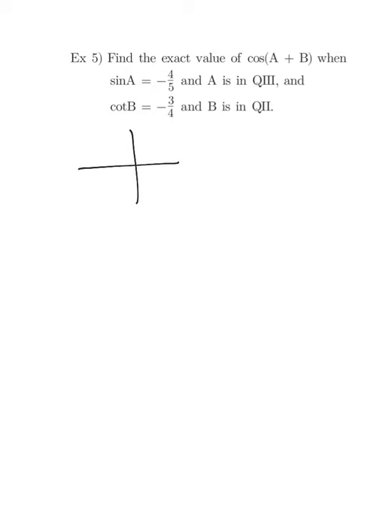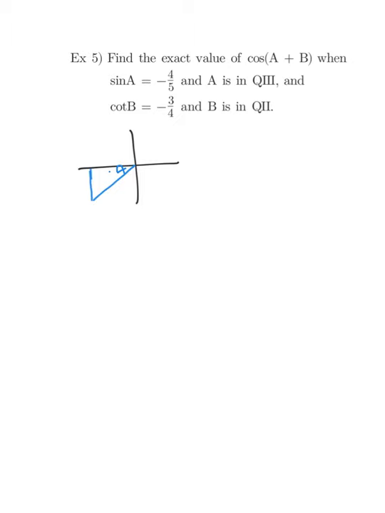So first of all, let's draw an angle A. Now remember that you always go from the center out and then drop a perpendicular. Angle A is always between the x-axis and the line that you drew. Now, we know that the sine of angle A is negative 4/5.